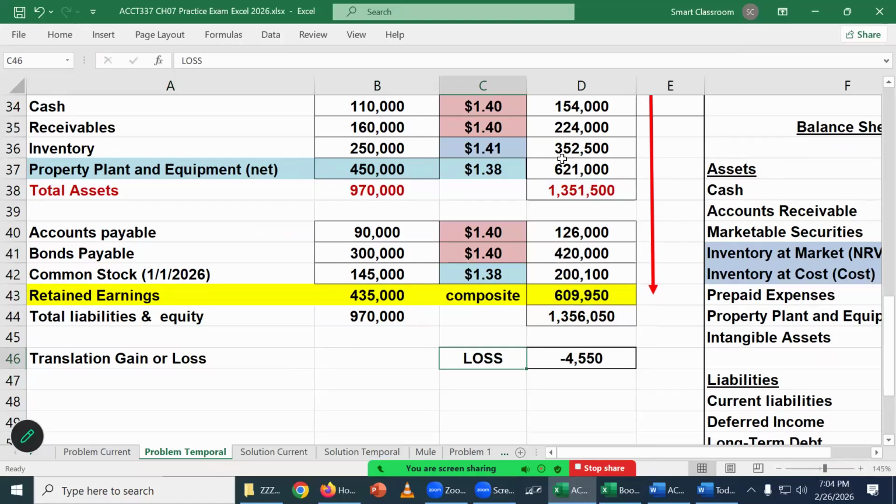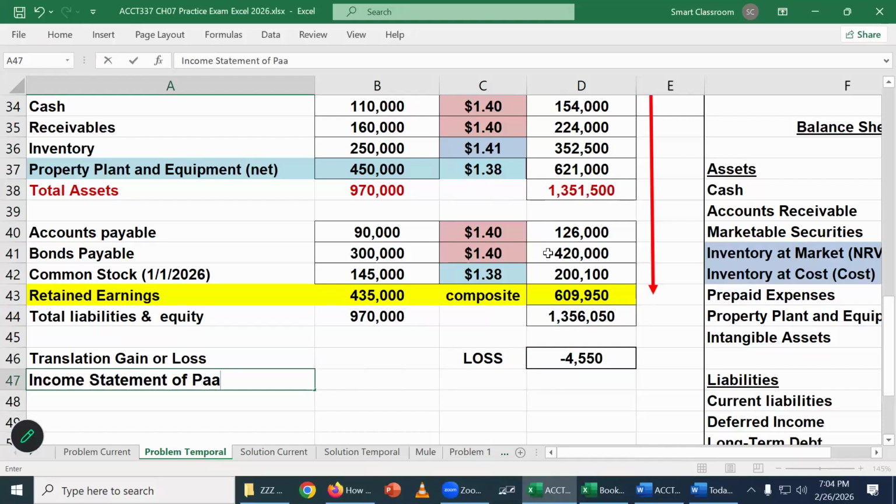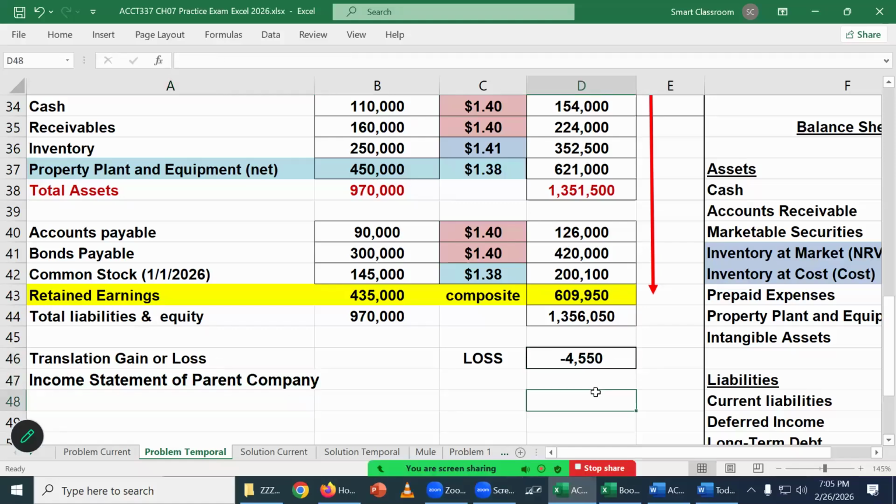It's a loss because we only have 1,351,000 of assets, but we owe people 1,356. So we owe them more than we actually have, basically. And this would actually go on the income statement of the parent company. So that loss would go on the income statement of the parent company.